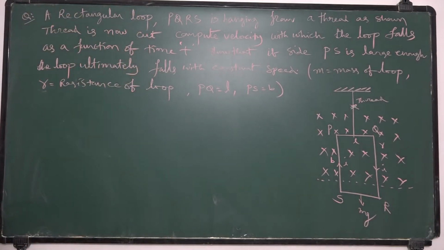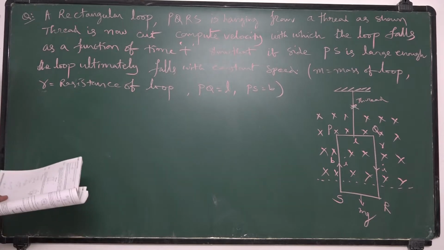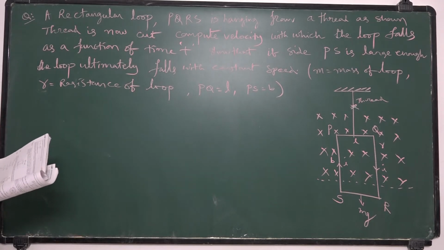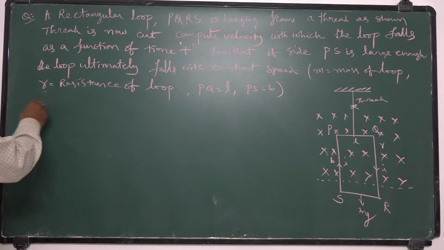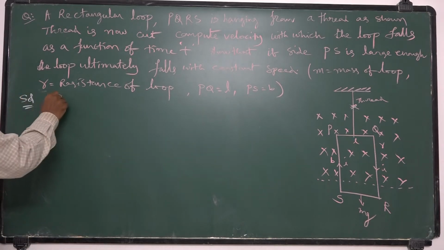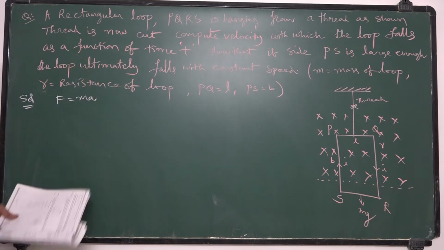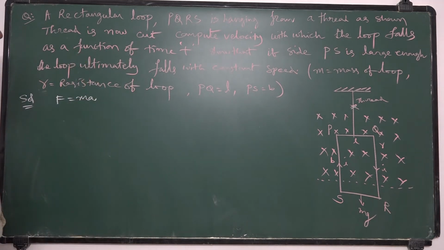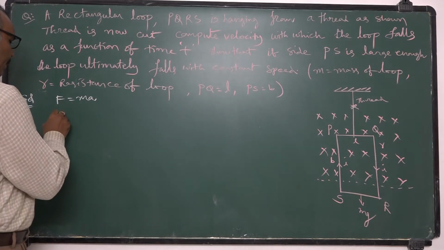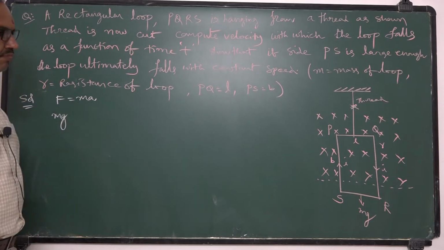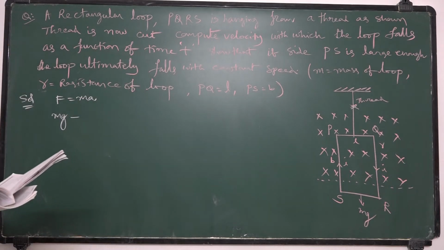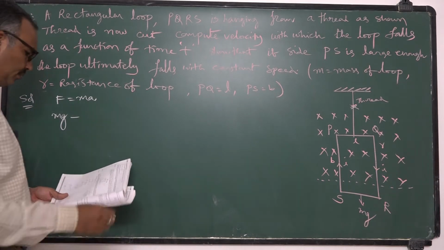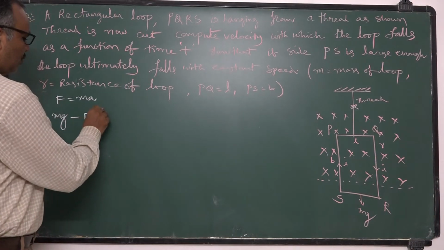First of all, I need to find the speed of the loop as a function of time. So the force required for the motion is given by F is equal to ma. In this case, weight is the force in the downward direction, and there is an upward force. That force is the BIL force.